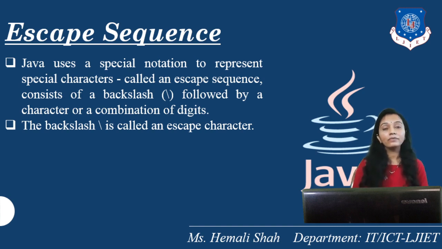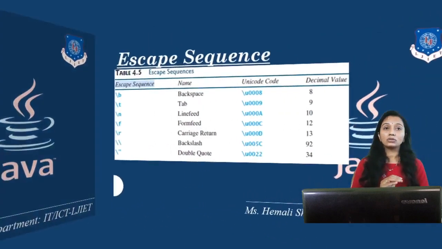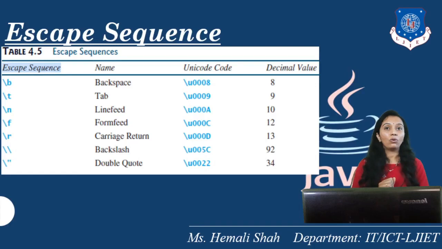Now what will happen whenever a backslash is available in your string? The compiler will understand that there is some specific meaning when some character is available after this backslash. So these characters are available over here.